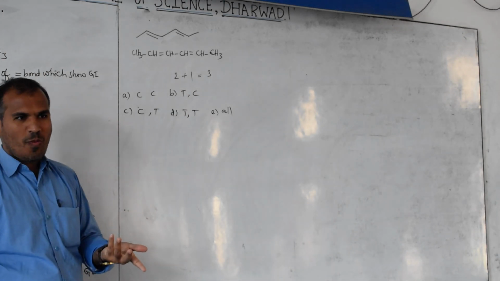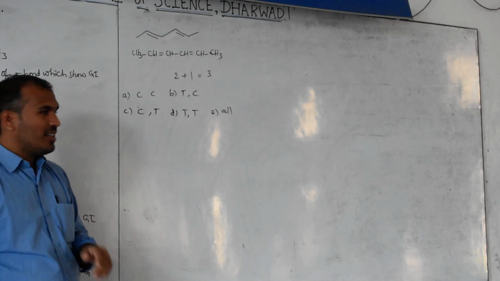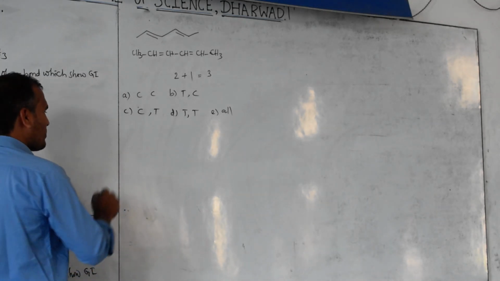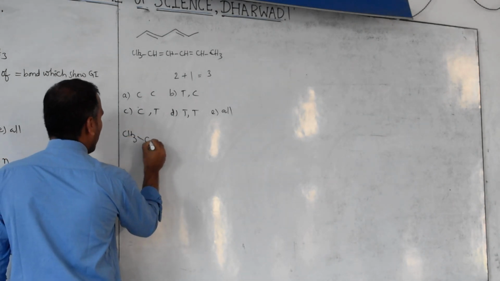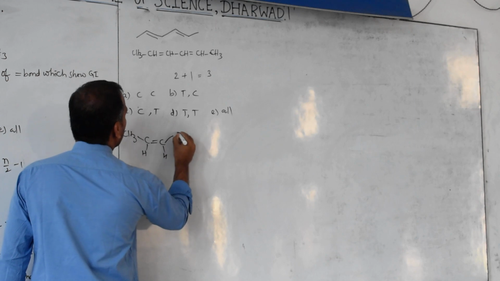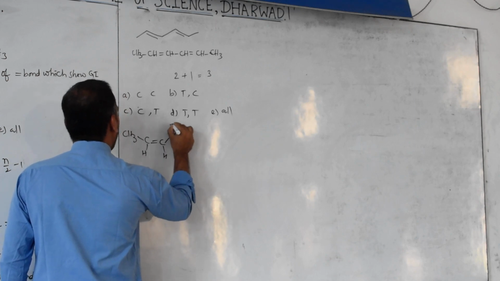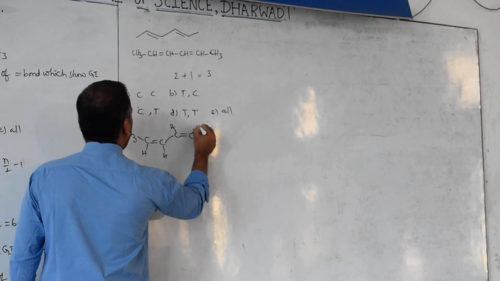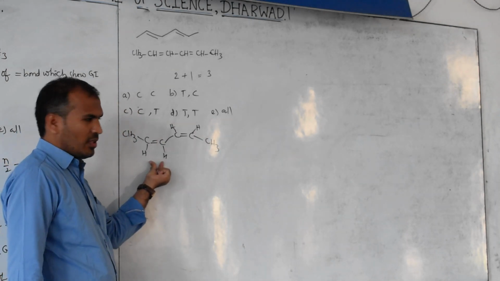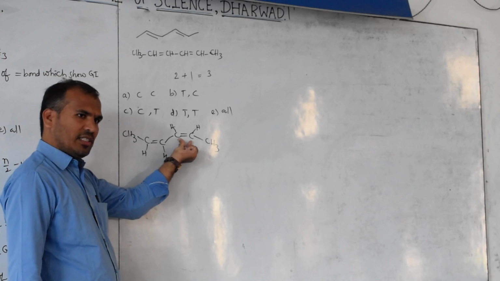Sir, how? You may ask the question. See, chemistry is related to mathematics. CH3, CH double bond CH, and this is CH double bond CH. Which form is this? Cis form.